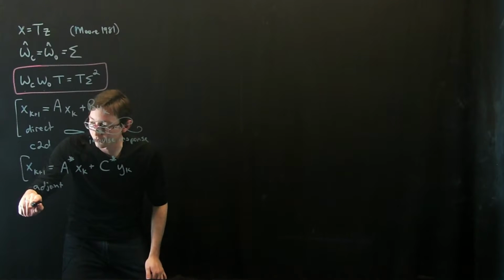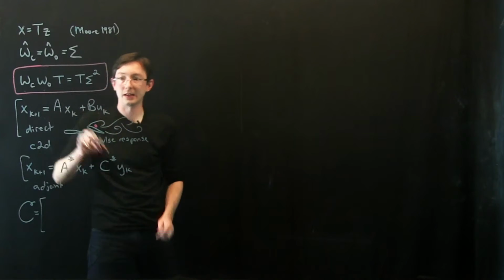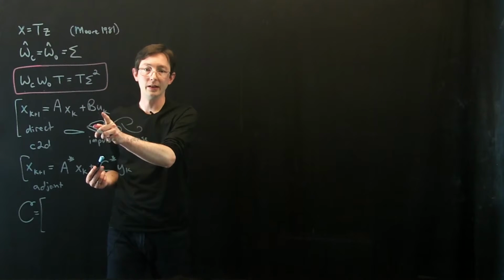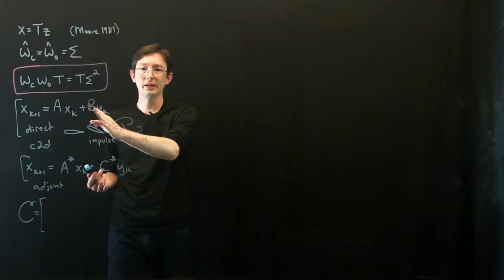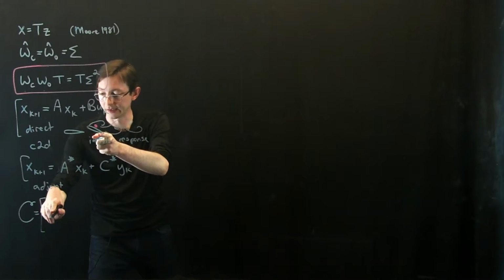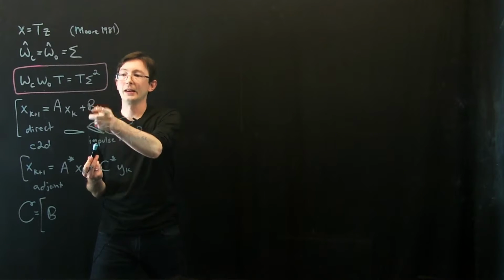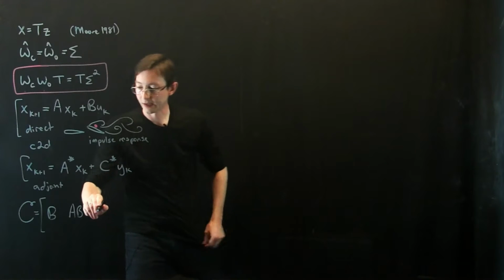Okay, so I have this curly C. And in discrete time, if I give this thing a delta function, an impulse at time 0 with 0 initial condition, my state history starts looking like an impulse, so it looks like B. Then it gets multiplied by A. Then it looks like AB. That's what X looks like at the next time step.